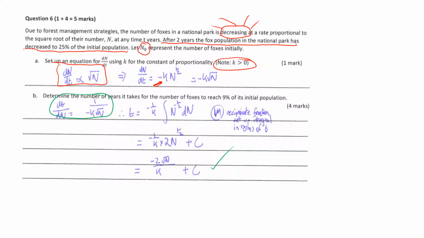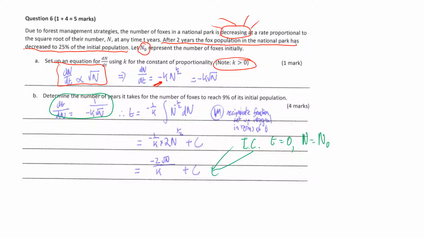Okay, so we've got two unknown constants, and I always like to involve initial conditions to work out my C, my constant of anti-differentiation. And of course, what are the initial conditions? When t equals 0, N is n0, the number of foxes initially.